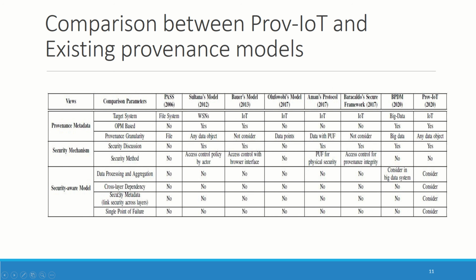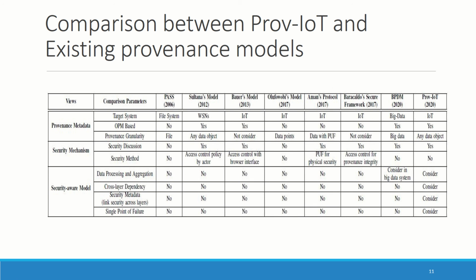The cross-layer dependency of the IoT architecture has been considered. The security metadata, which links different security across layers, and the single point of failure are also considered, so that if any malicious activity happens at any particular point, it should be documented, so that the user can understand whether the data he is working with is trustworthy or not.